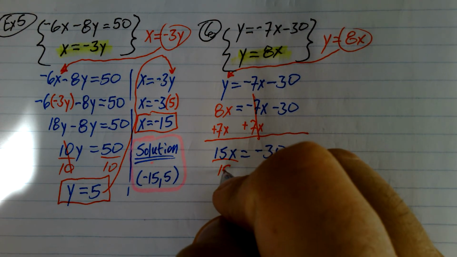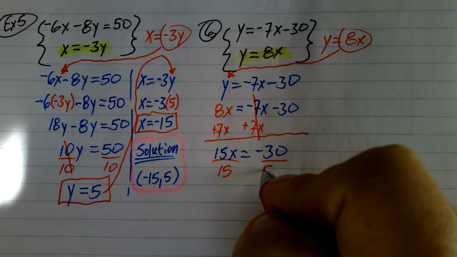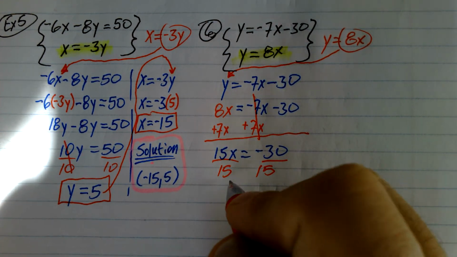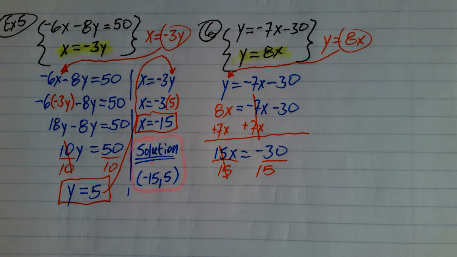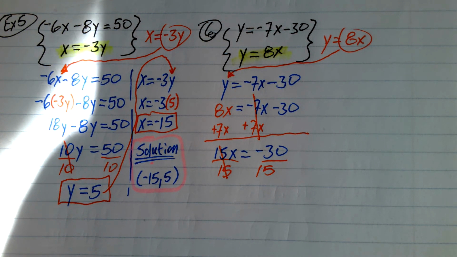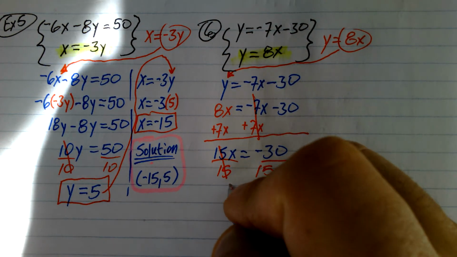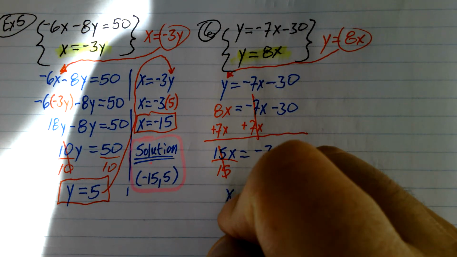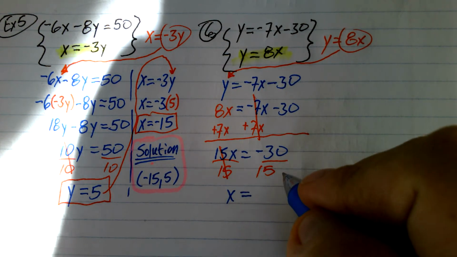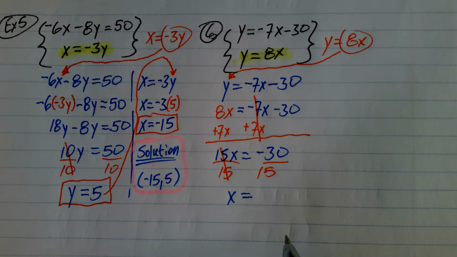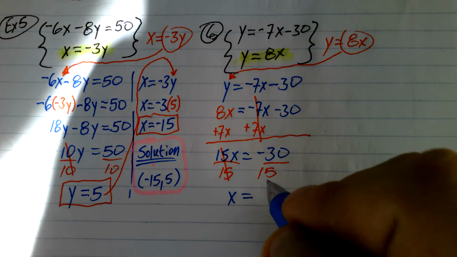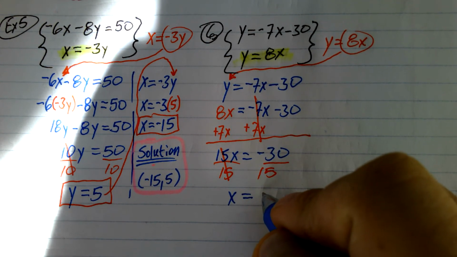I'll bring that down. Okay, so now I have to solve, get rid of that 15 by dividing it out. I'm hoping by now, we've done this so many times, your instinct's good as to when do you multiply, when do you add, when do you do the opposite. It's just kind of becoming more of a second nature.